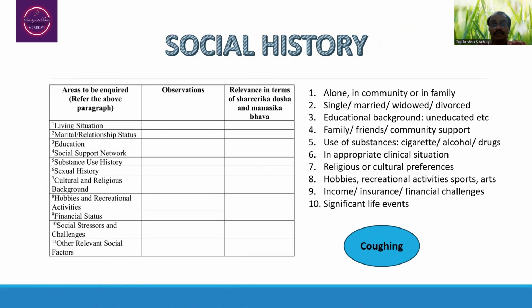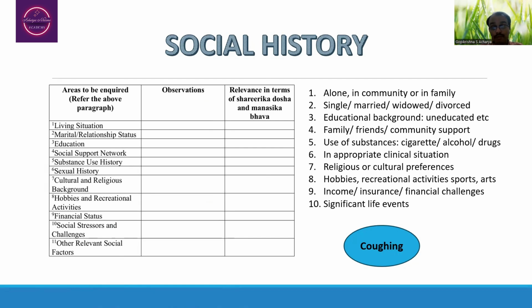When you think about the social history, suppose the person has a cough, we need to know about the living situation. If the person is living alone, then the cough could be due to an allergy in his home, or if he is living in a community, we need to know the status of the people living around him or her.